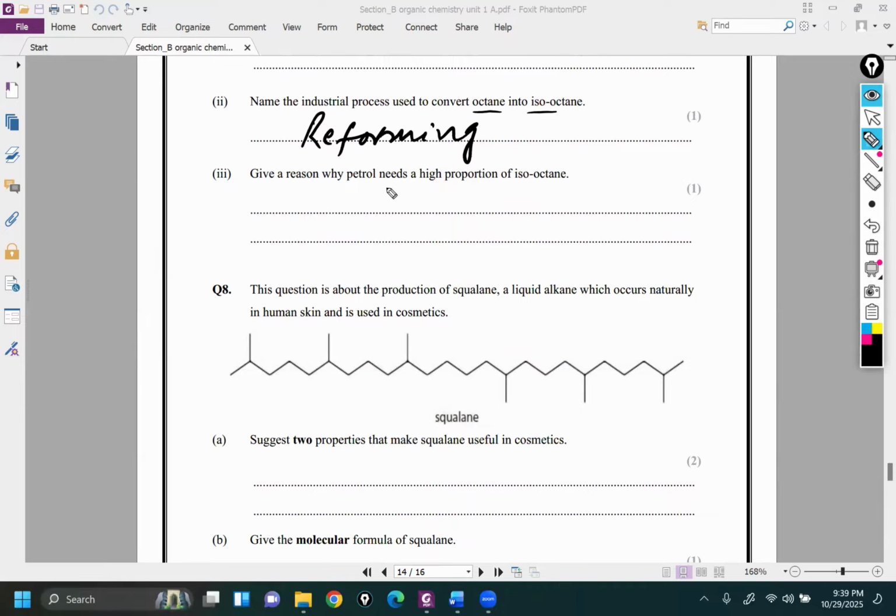Give a reason why petrol needs a high proportion of isooctane. This type of question is coming again and again. So petrol will burn efficiently.